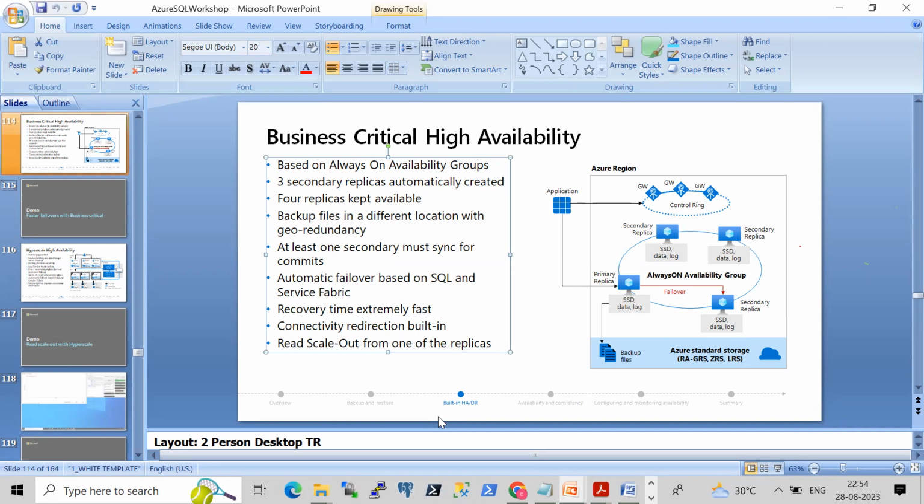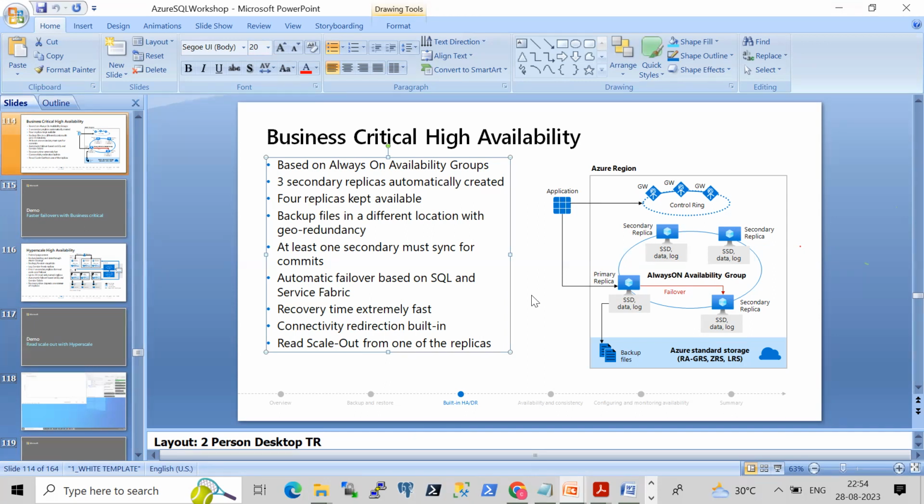That is not the case. FCI name is not there, listener name is not there. It's only the MI name, that's it. Is that clear? When I say FCI, you think there will be an FCI name, and when I say Always On, a listener name will be there. No. It's always the MI name that you have to connect to.